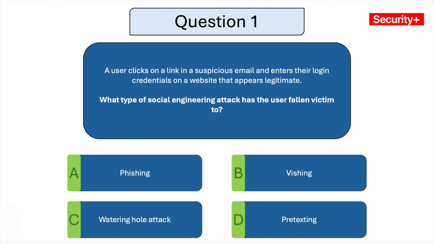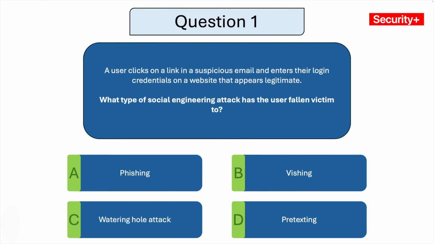So vishing is a social engineering attack that uses phone calls to trick victims into revealing sensitive information. So it's going to be using the phone. Then you have a watering hole attack, and that's an attack where legitimate websites that people frequently view are exploited.